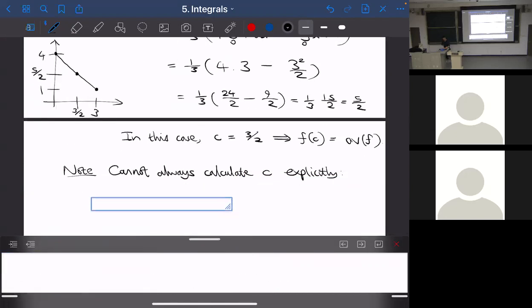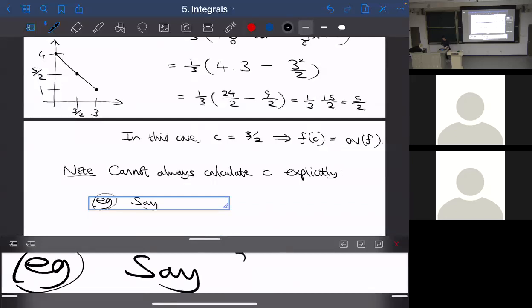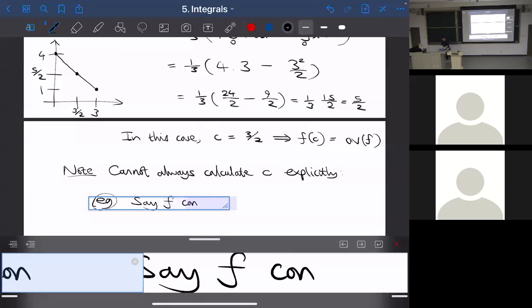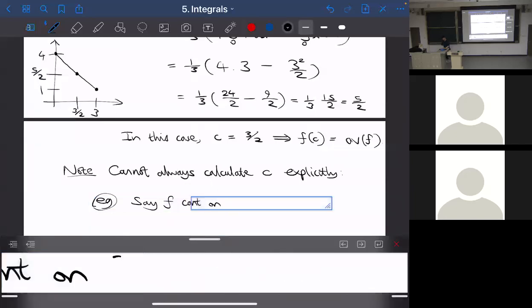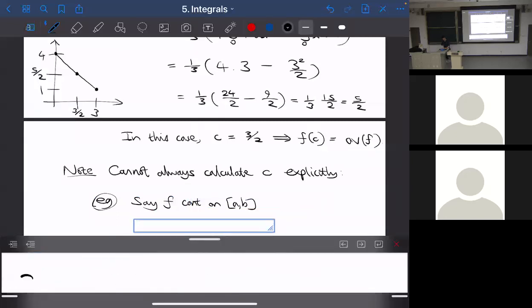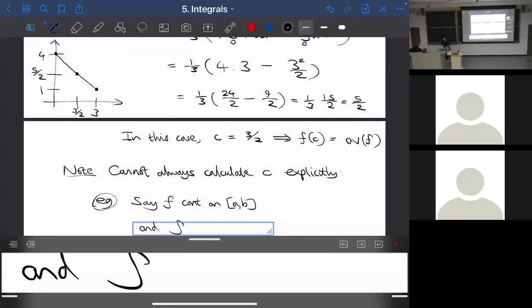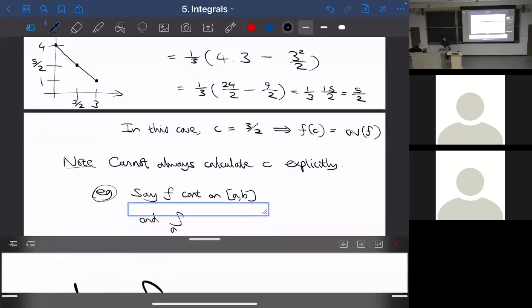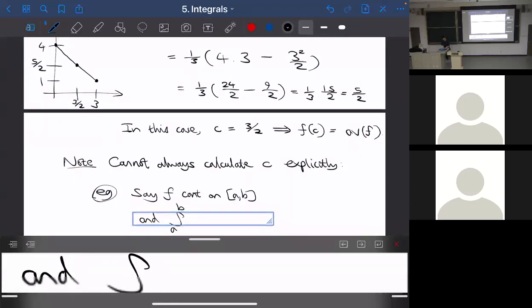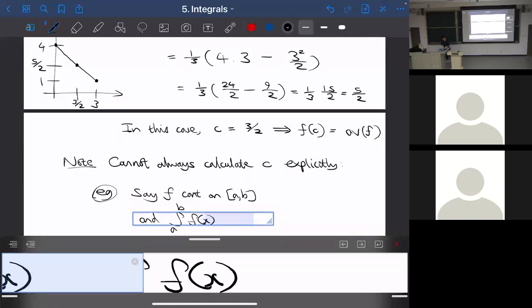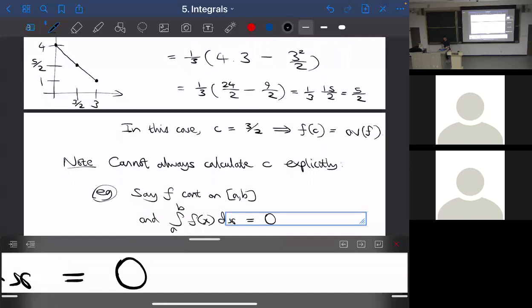So for example, say f is continuous on [a, b], and the integral from a to b of f(x) dx is equal to 0.